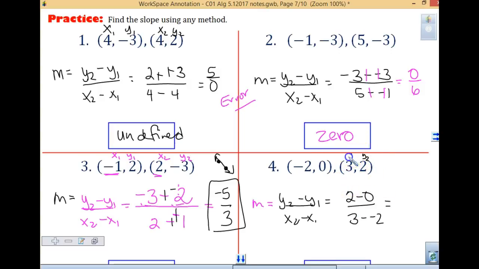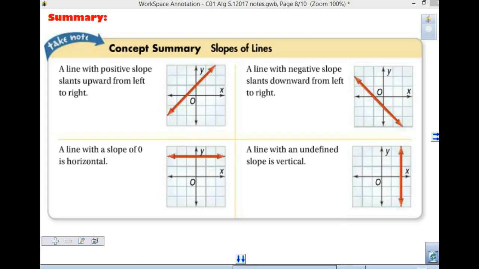And so do you have to write x2, y2? No. But I'll tell you, for some of you, especially at the beginning of this, it will help you out immensely if you do that. So we're looking at 2 over, and in this case, we should have a positive 2/5. And if you think of graphing that on the coordinate grid, we'd go to -2, 0, and then we'd be at 3, 2. And if you think of that line, that probably is a positive 2/5. It's going up to the right, okay?